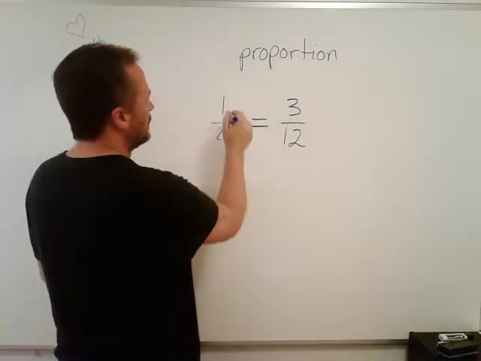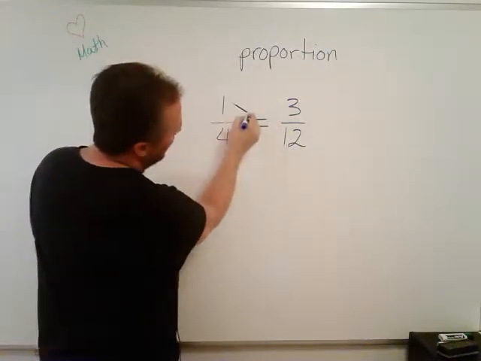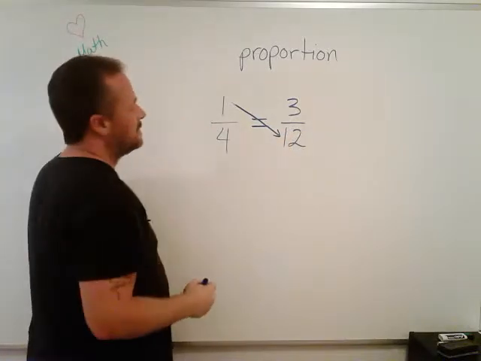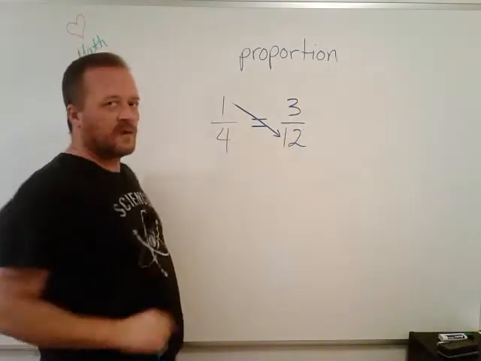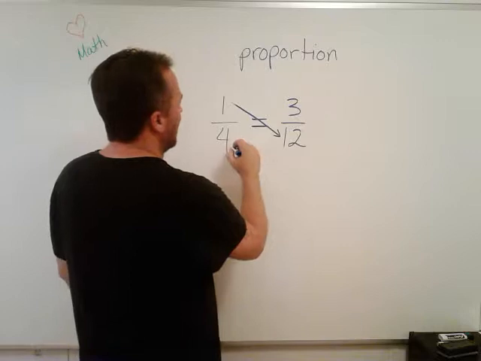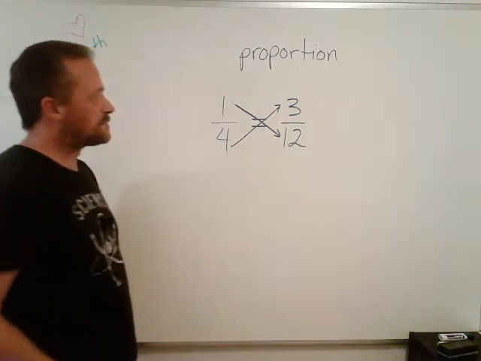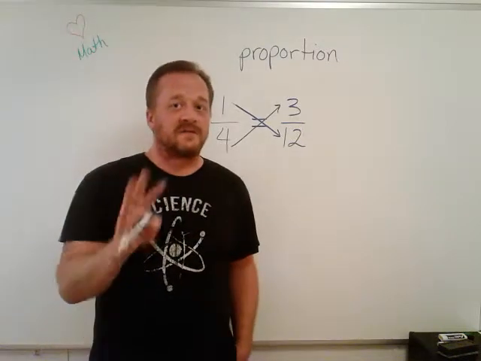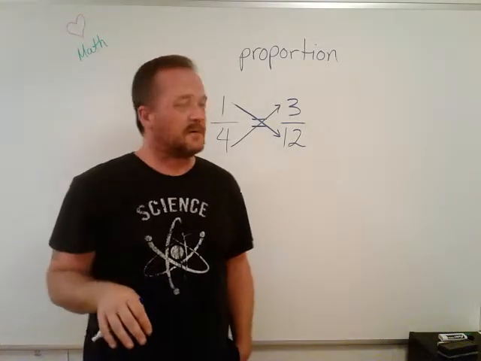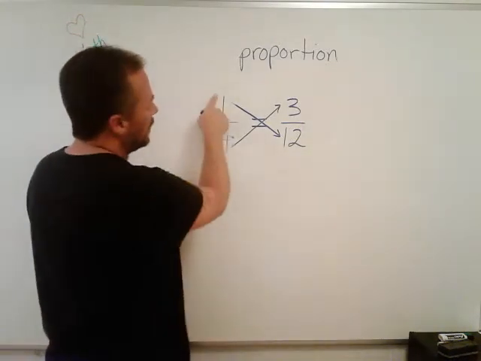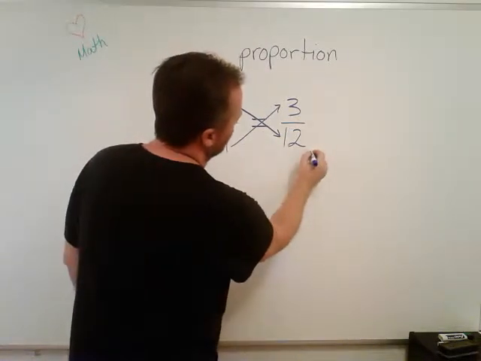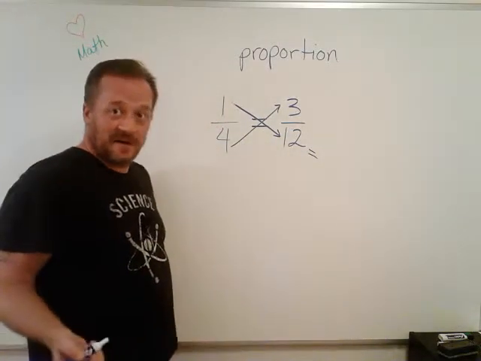Okay? So we're going to look across the equal sign. 1 is diagonal to 12. And we're going to go diagonal this way as well. 4 is diagonal to 3. And all we're going to do is multiply those diagonals. So starting up here, 1 times 12 equals 12.